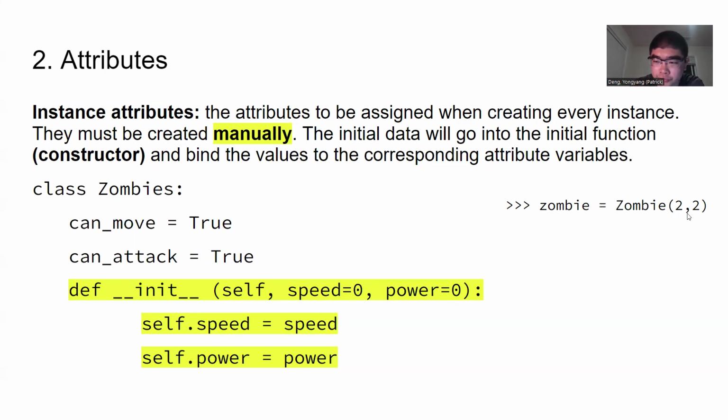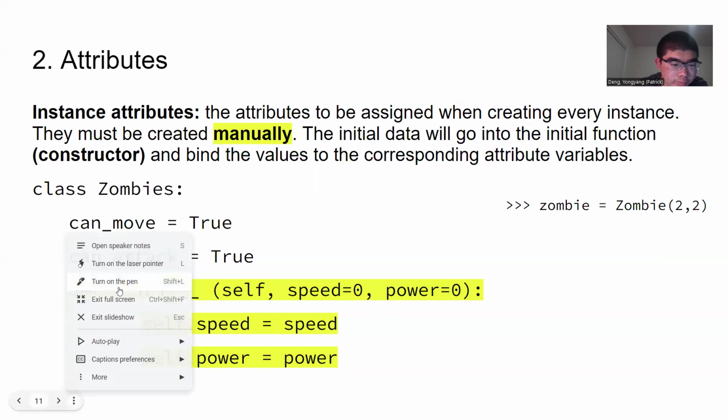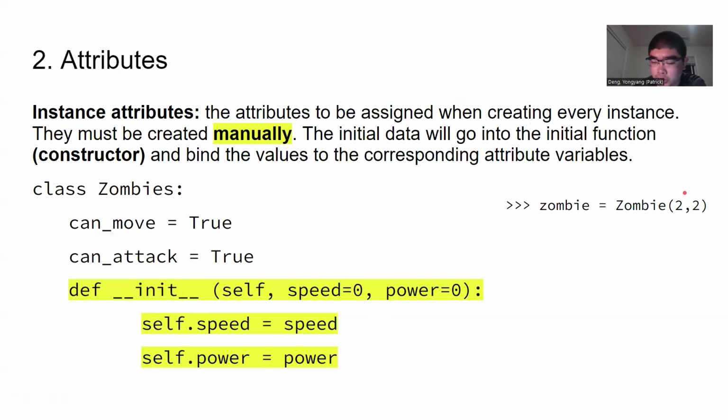We do not pass self here. We start from the second one. The speed is 0 by default, but I pass in 2. So this 2 goes into this function, and in the corresponding place speed is 2, power is 2.